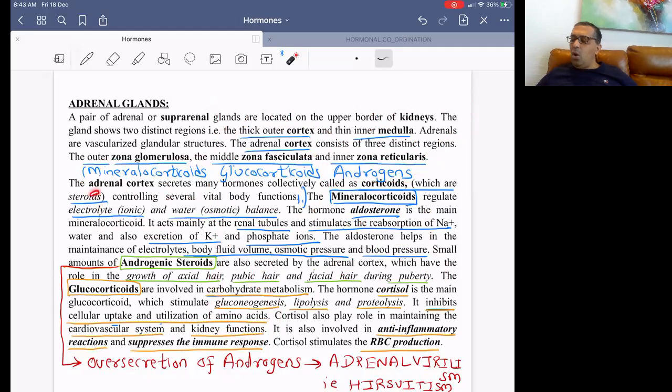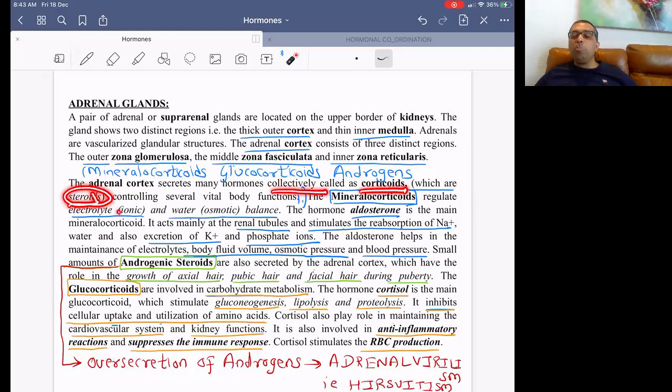The adrenal cortex secretes many hormones called corticoids, which are steroids. So far, all the hormones we have covered were either amines or proteins and peptides. Adrenal cortex hormones are steroids.